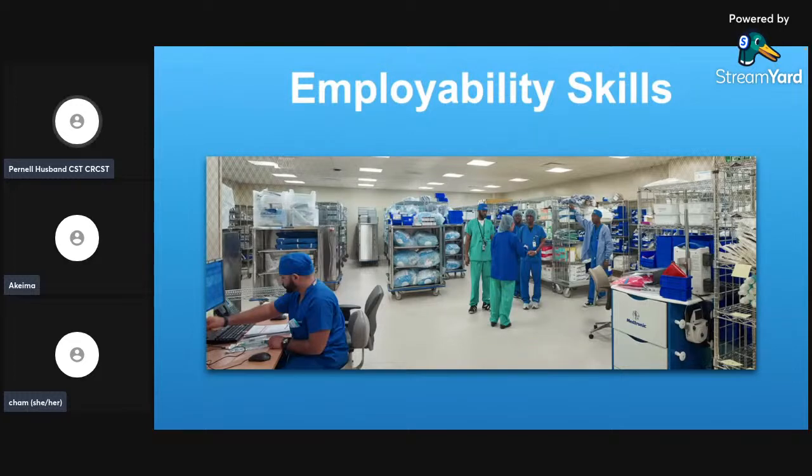Here's a nice snapshot of a central service department. Shamara, what part of the department would you think that this would be? Well, I'll give you some hints.